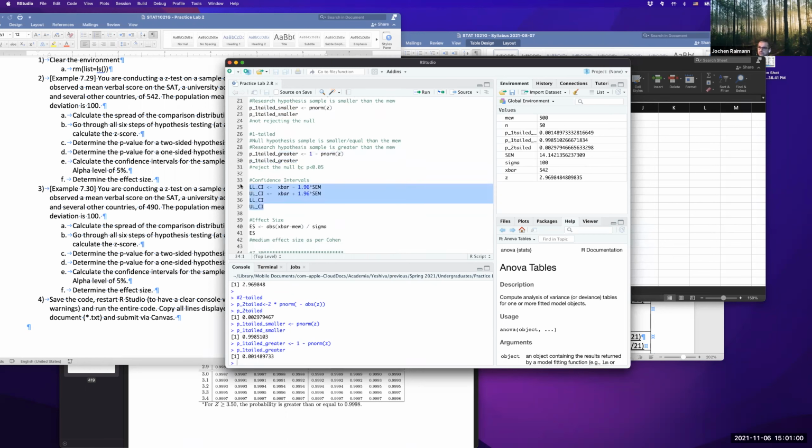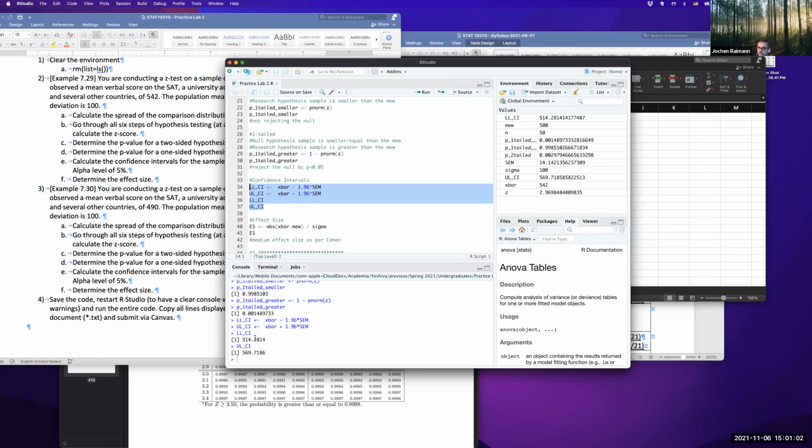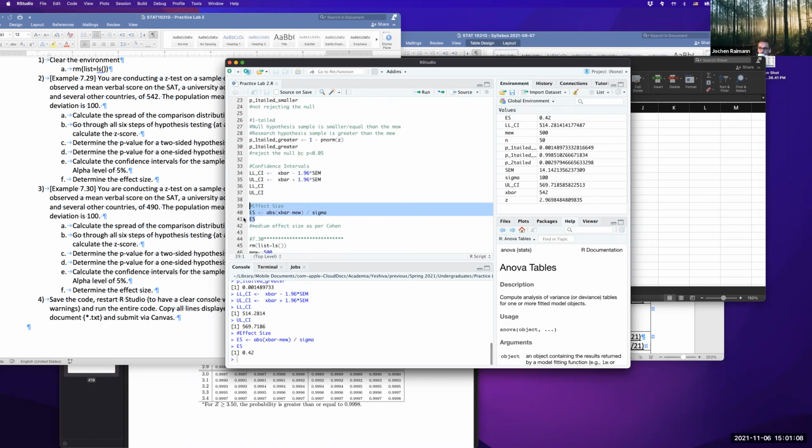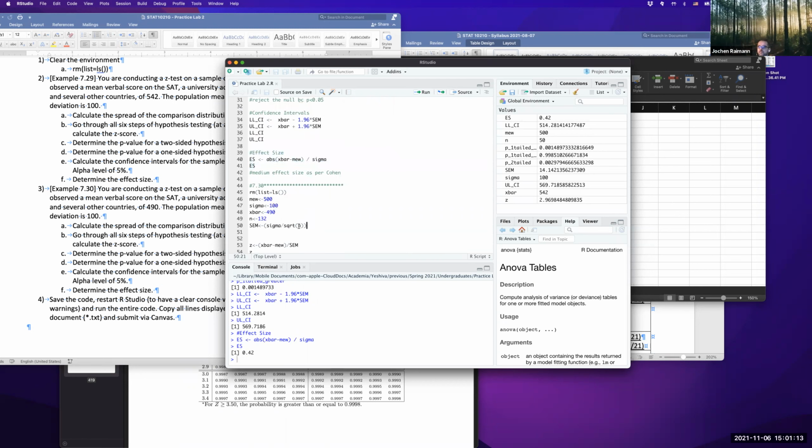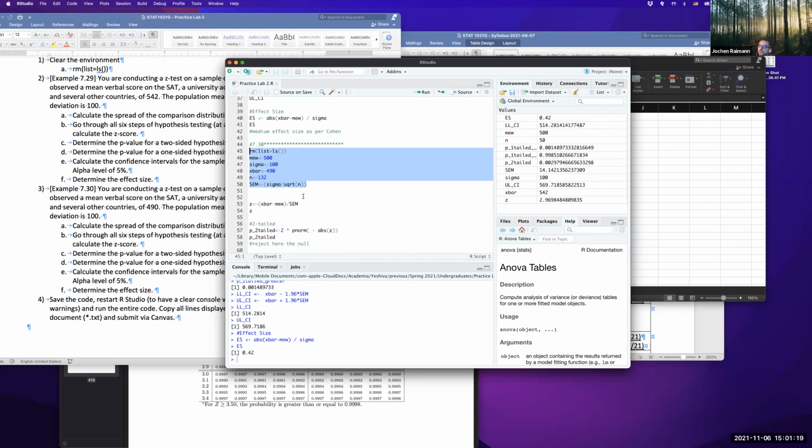These are the confidence intervals, which we have calculated as well. So this is how you calculate them in R. This is how you calculate the effect size. Here the same example.